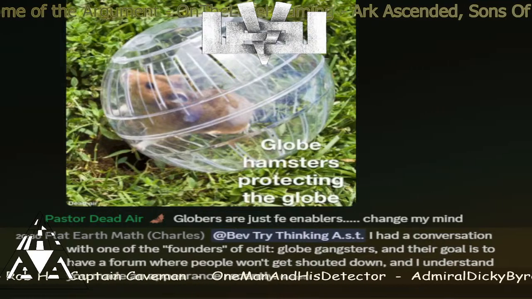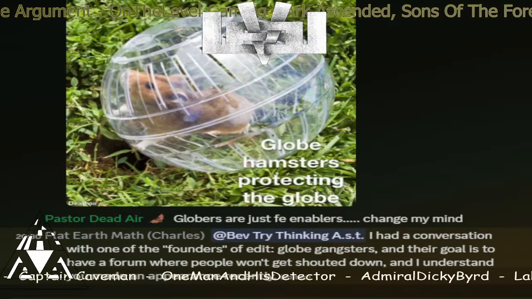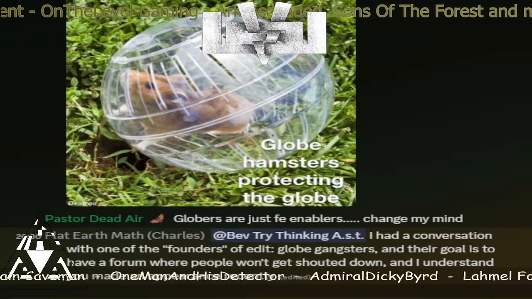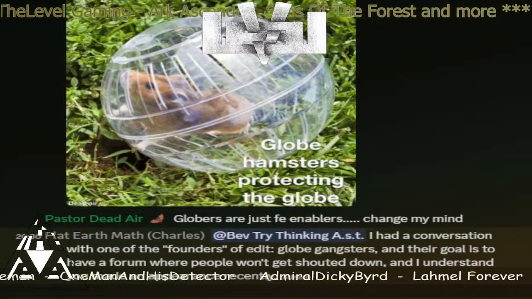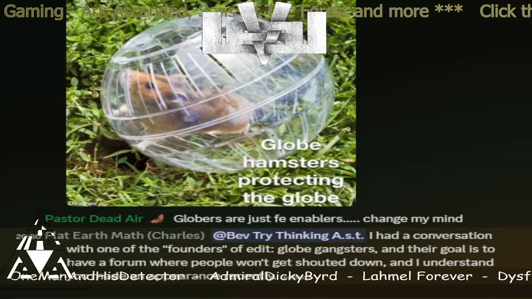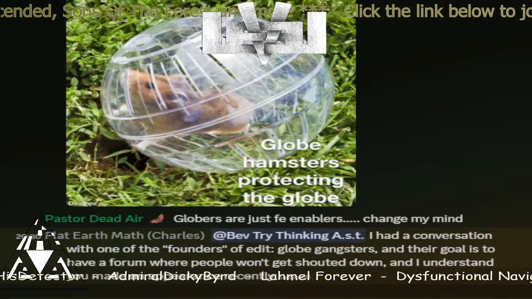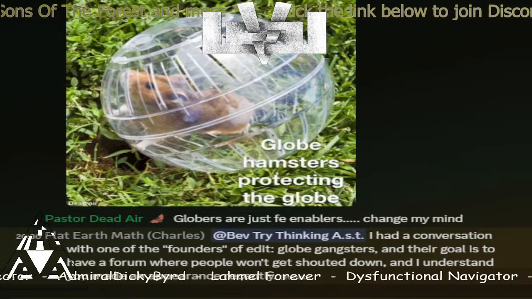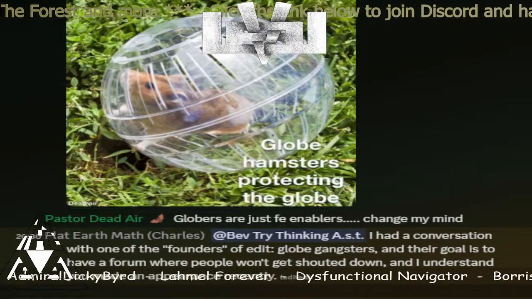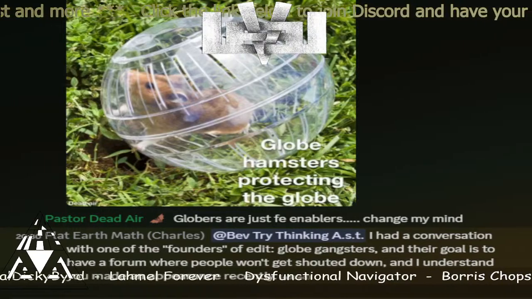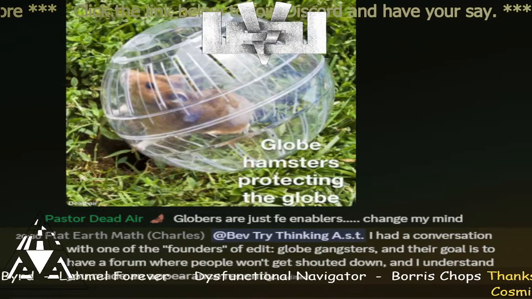And what does the founders in quote marks mean? Oh, hang on. If Charles is listening, a forum where their goal is to have a forum where people won't get shouted down. Okay, what other things were said?